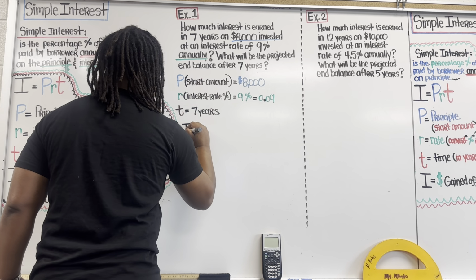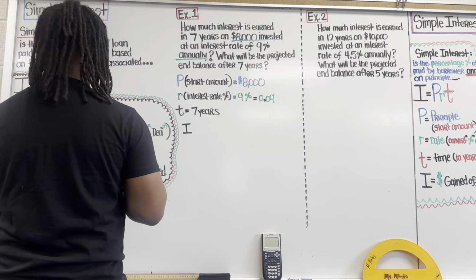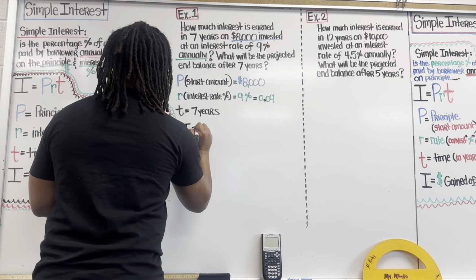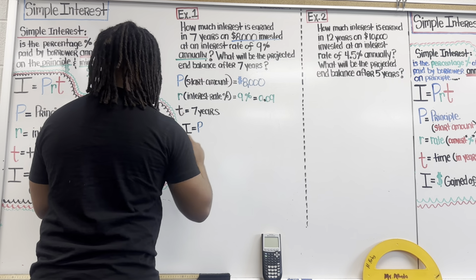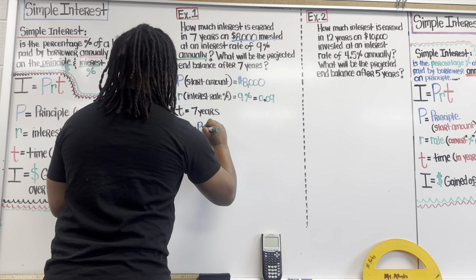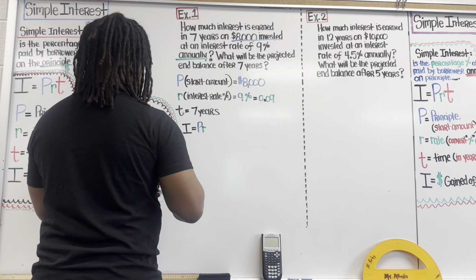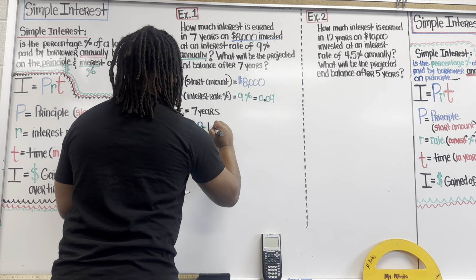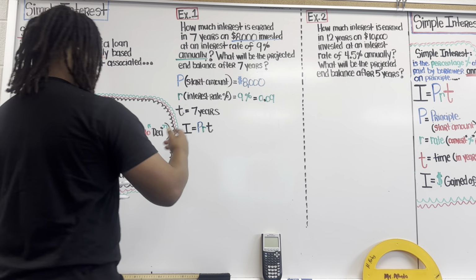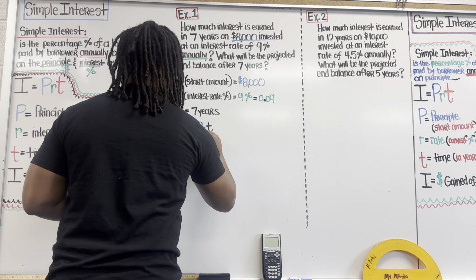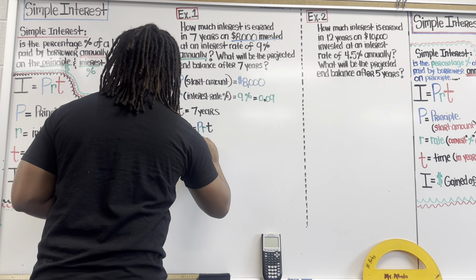I have I, which is the simple interest, equals P, which is the principal, times R, which is the interest rate, times T, which is the number of years. Now all we need to do is plug in. P is the $8,000. That was the start amount.